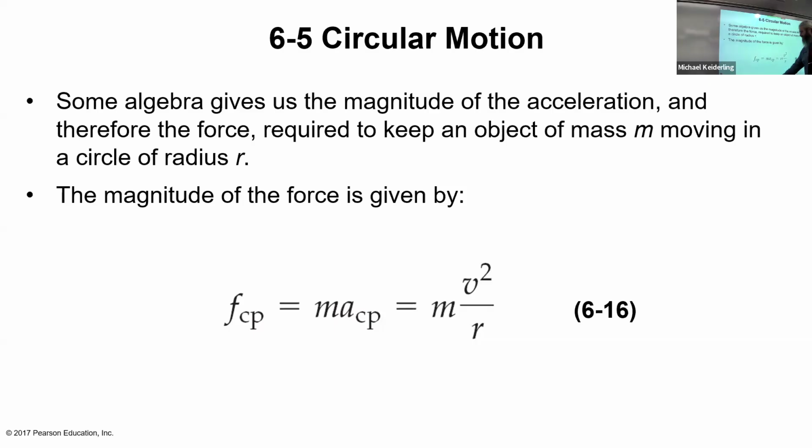I'm not going to work that out right now. If you want, I'll write out how you get this formula just from calculus, but this is the formula: velocity squared over r.